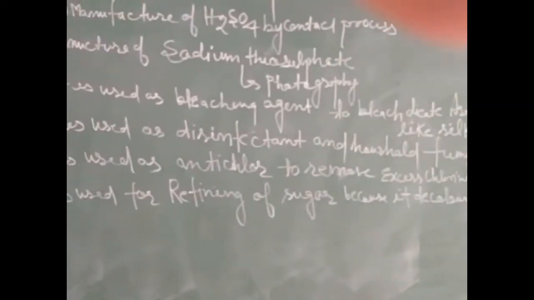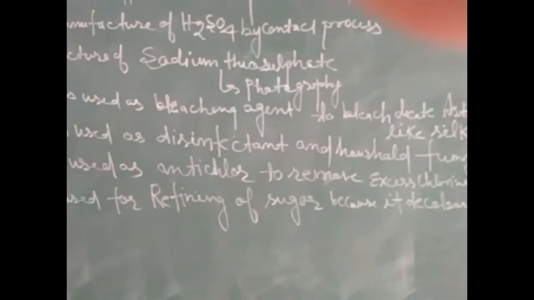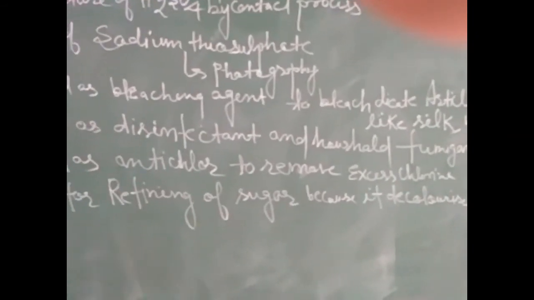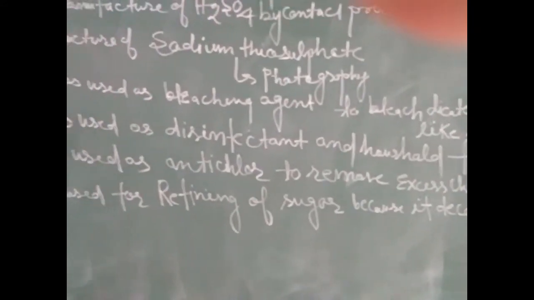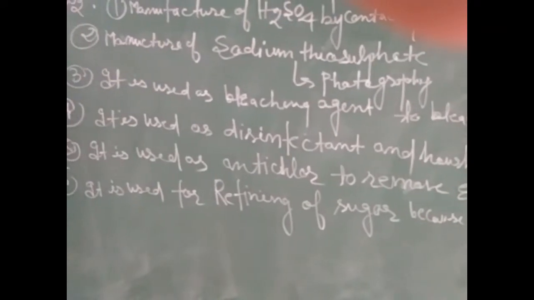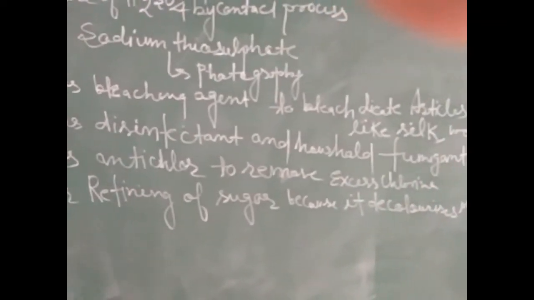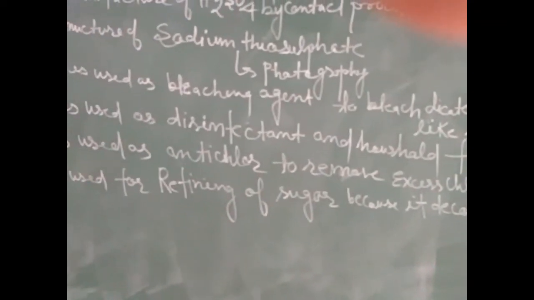Household fumigants are those substances which on burning give a special type of fume that kills the germs nearby in the household. It is used as an anti-chlor, that is to remove excess chlorine, if any is present in water.